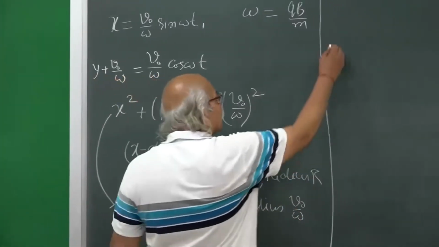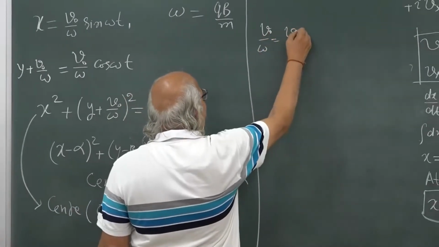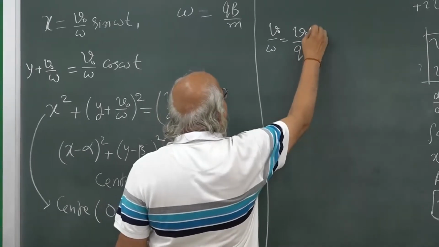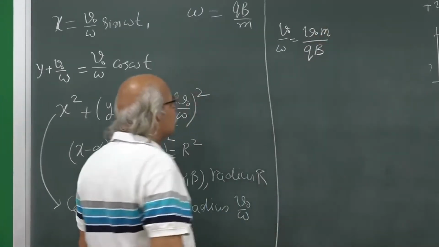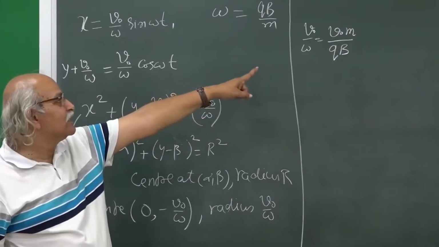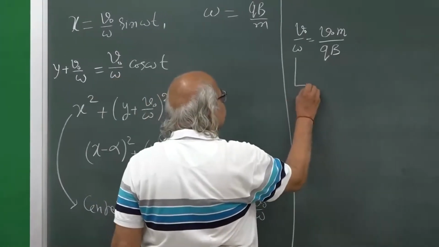So let us see what this v naught by omega is. It is v naught by q b here and then m here, and you have to check that this is essentially length. You can see it from here.